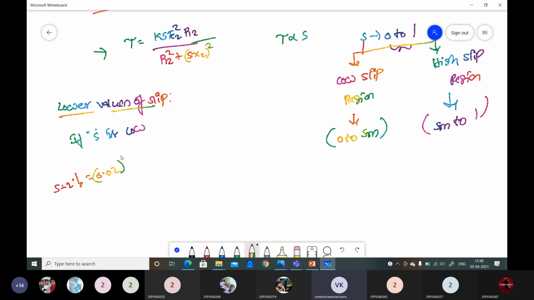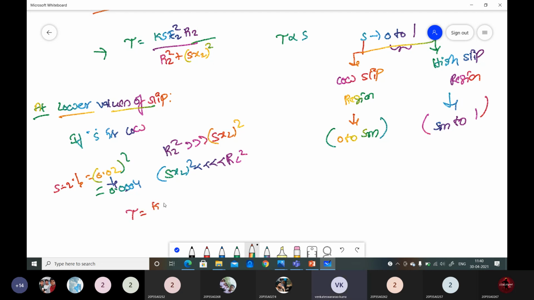If you square it, it becomes 0.0004, so this value reduces to a very small value. So R2 square is very much greater than (S X2) whole square. Therefore, at lower values of slip, this term is neglected.